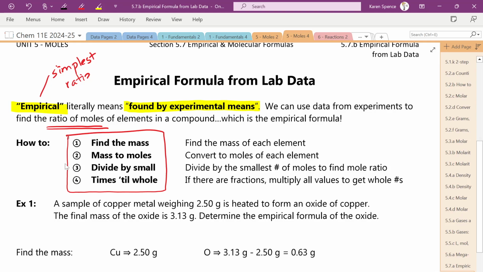Yes? Can't find the ratio of moles if you don't have the moles, so you have to find the moles. And how do you find a ratio? What mathematical process do you use to find a ratio? Do you add, subtract, multiply, or divide? You divide, okay? So now we've been like, okay, I need to find the moles and I need to divide to find the ratio.